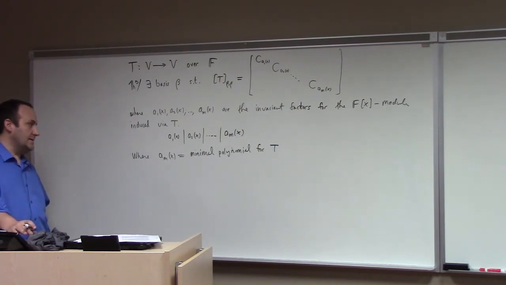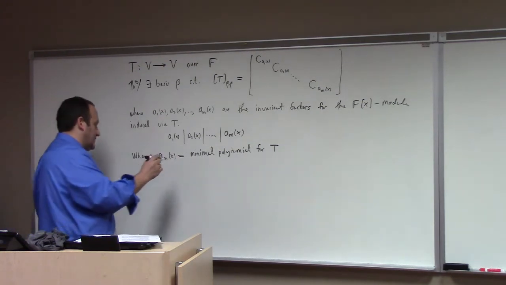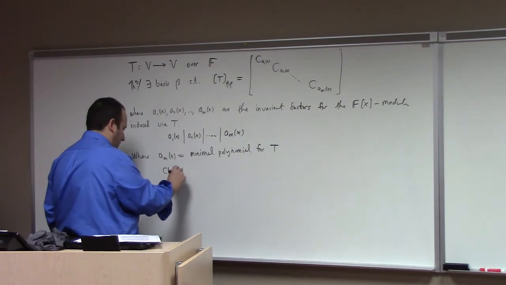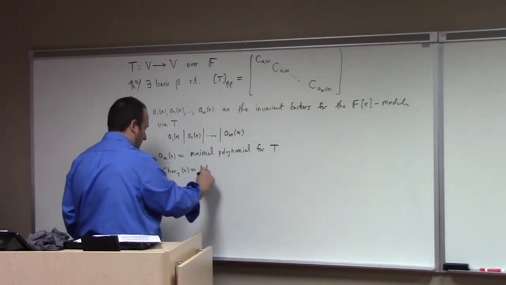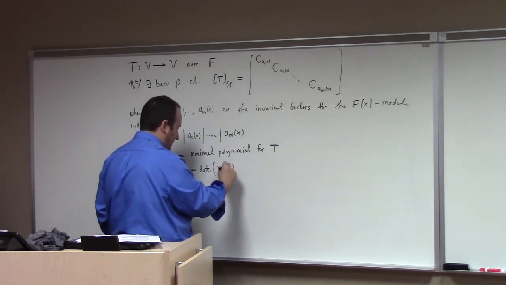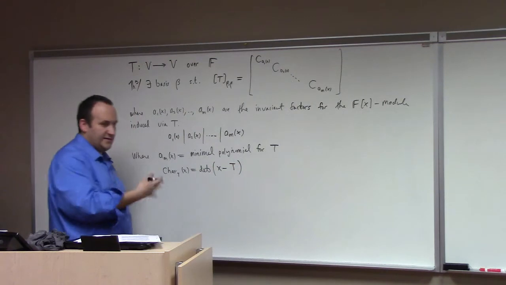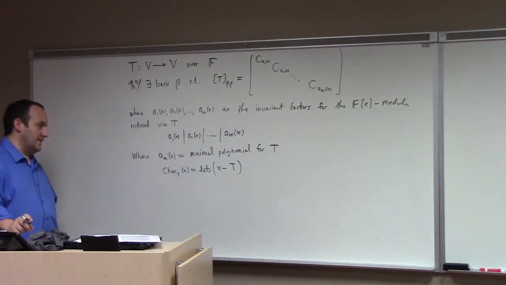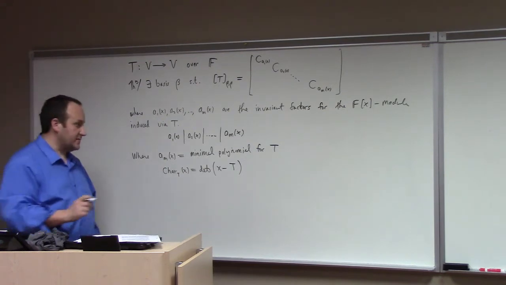transformation. And another bit of the theory here is that the characteristic polynomial of T, P_T of X, which is by the definition the determinant of X minus T, where that X is understood to be X times the identity operator, is actually equal to the product of the invariant factors.